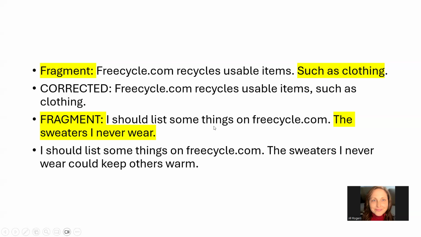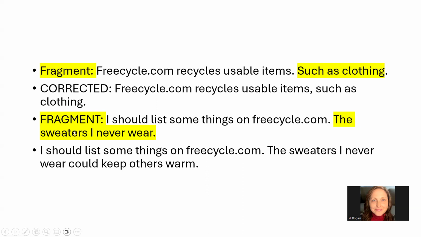The sweaters I never wear, what? Right? So the sweaters is the subject, and this is modifying it. The sweaters should have a verb, something about the sweaters. The sweaters are blah blah blah, right?